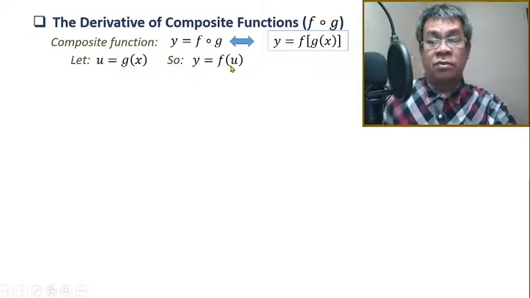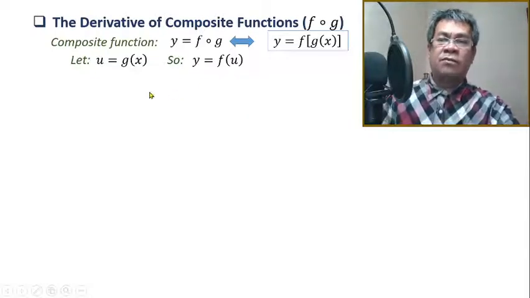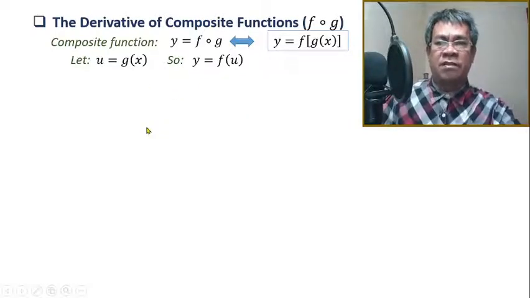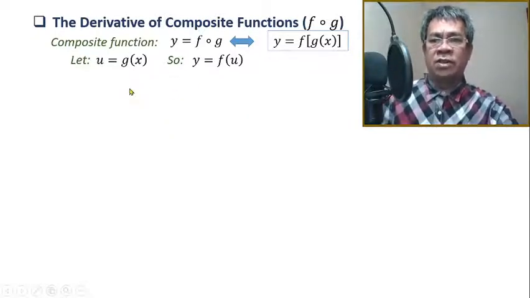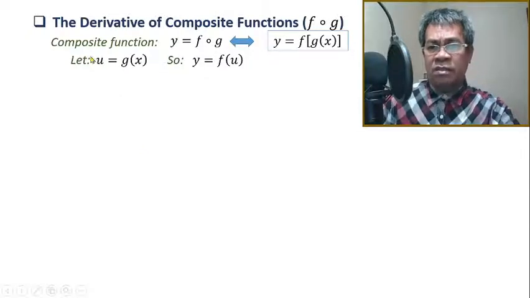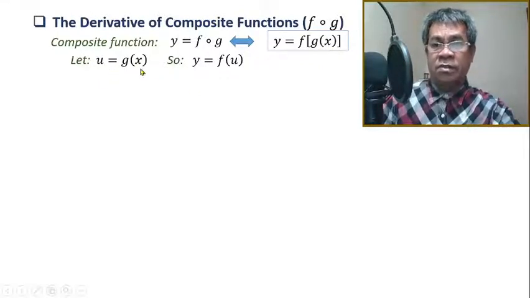Now, part of the strategy to find the derivative of the composite function is to take the derivative of u. Take note, our dummy variable should be differentiated with respect to x. So whatever function is inside of a function of x will be differentiated with respect to x. So we will find du/dx.